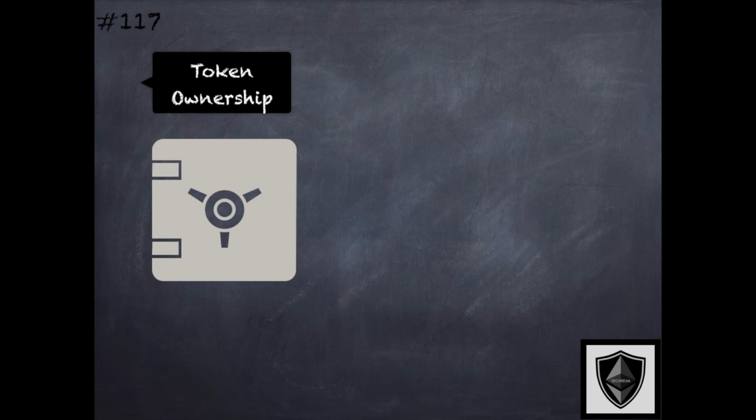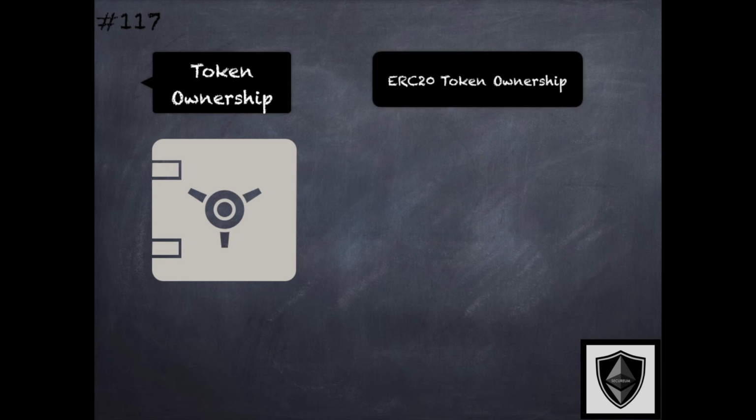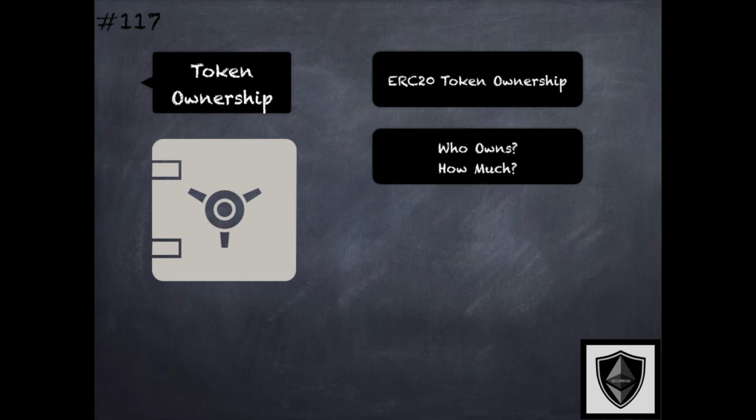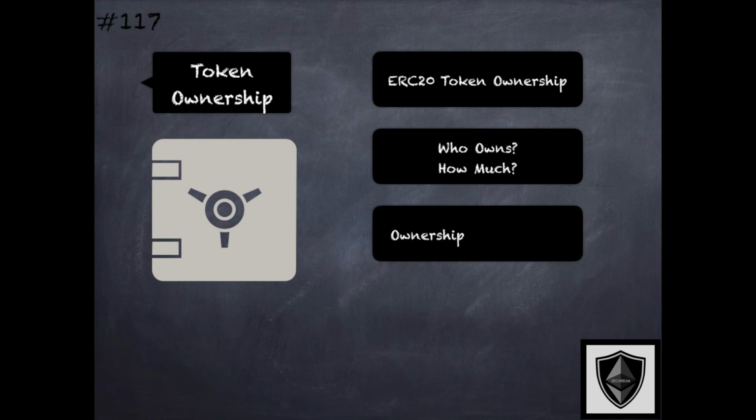Let's now talk about token ownership and how that affects the security. Token ownership refers to who owns the tokens and how many tokens they own. And in scenarios where there are very few users who own a lot of those tokens, such an ownership situation will allow those owners to influence the price of those tokens, to influence the liquidity of those tokens, and also influence any potential governance actions around those tokens, because those actions will be controlled by the token ownership.